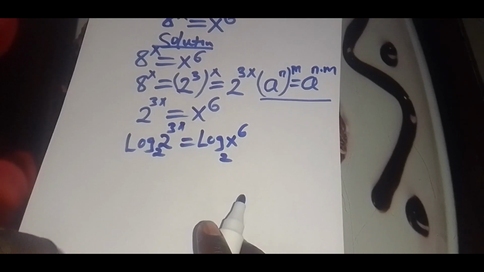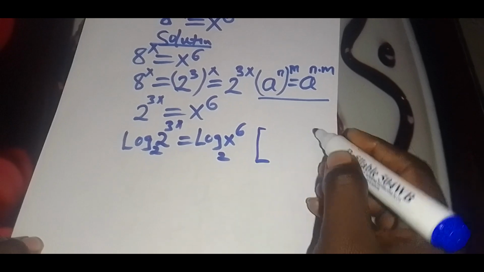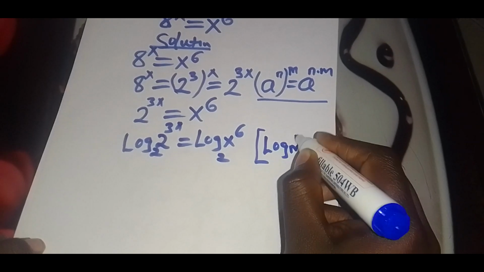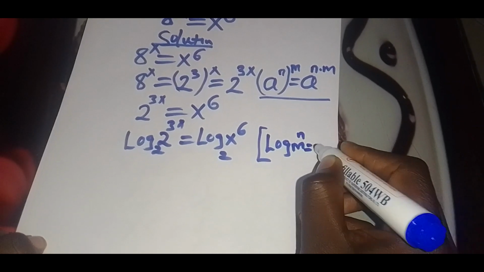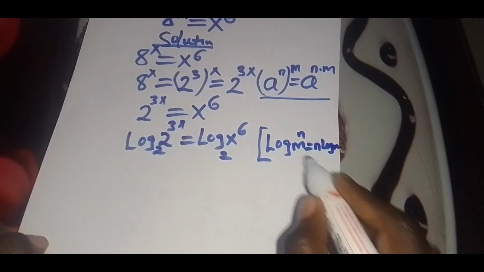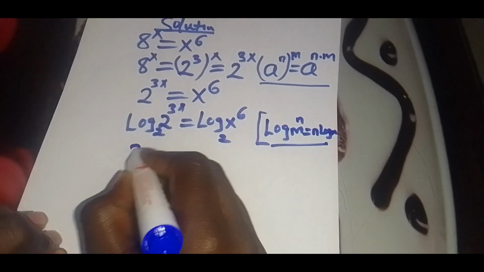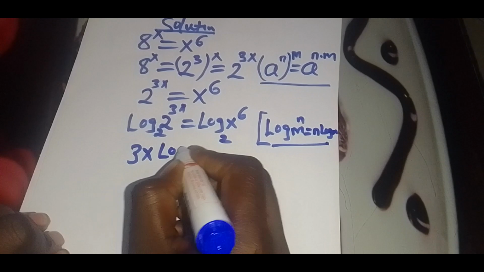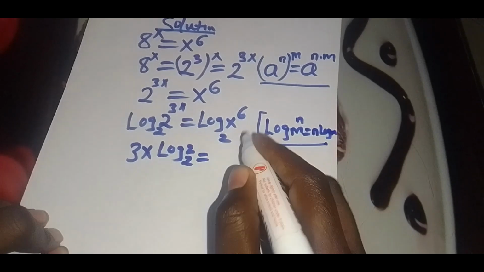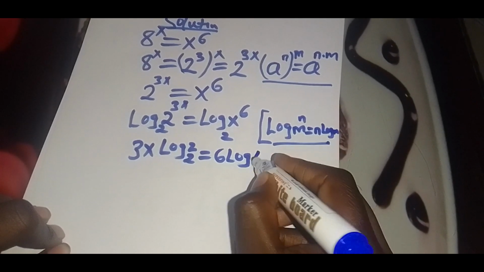Applying the formula that if you have log of m raised to power n, this can be expressed as n log m, we're going to have 3x log 2 to base 2 equal to 6 log x to base 2.